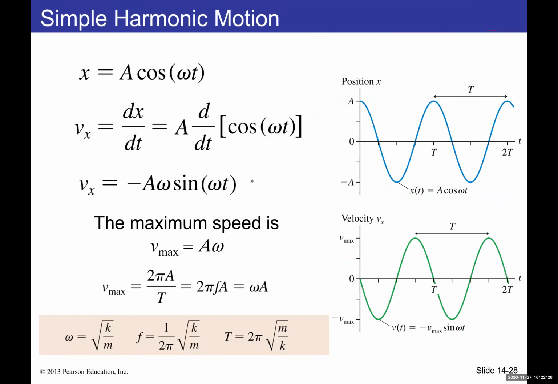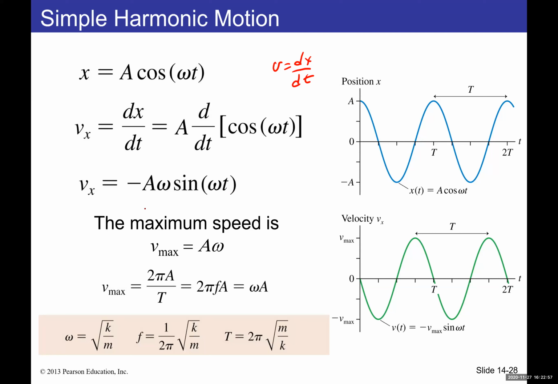So we can simplify for now, assuming that we always start from A. The equation is x equals A cosine omega t. To find the velocity, well, velocity is dx/dt. So I take the derivative of that, which is basically A times d/dt of cosine omega t. The derivative of cosine is negative sine.